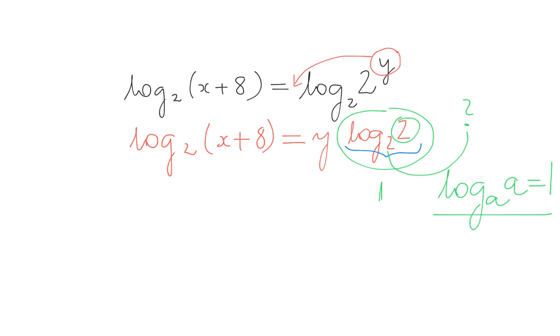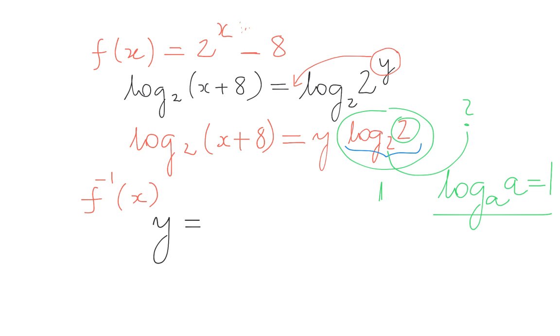Which means that the inverse of my function f of x, now remember, f of x was defined as 2 to the x minus 8. Okay, so that was my function f of x. The inverse of this function in the form y equals is log base 2 of x plus 8.